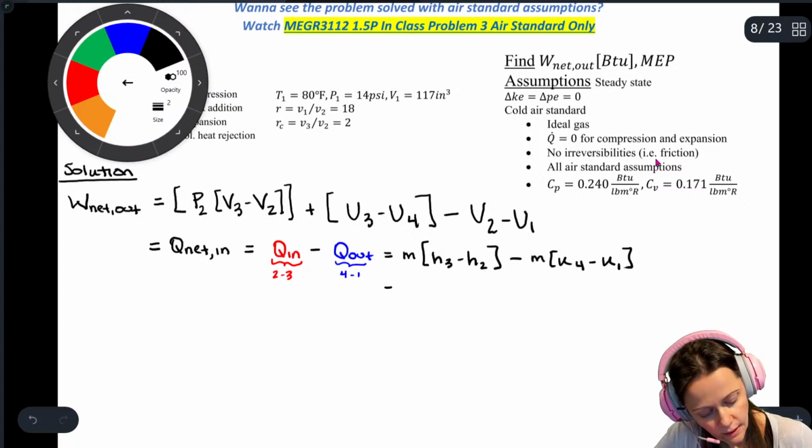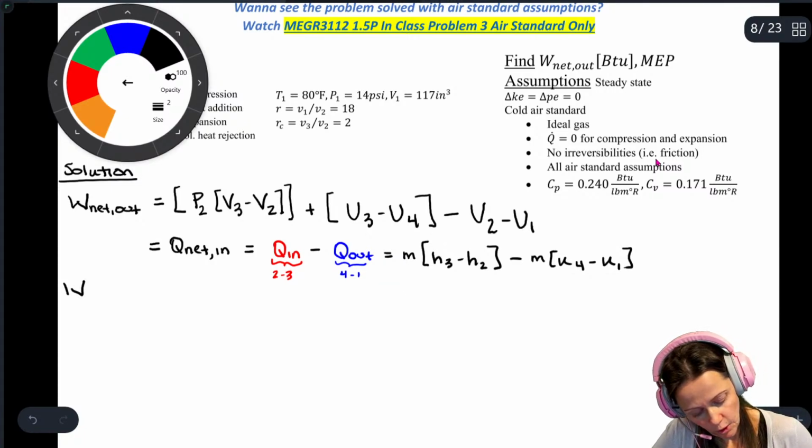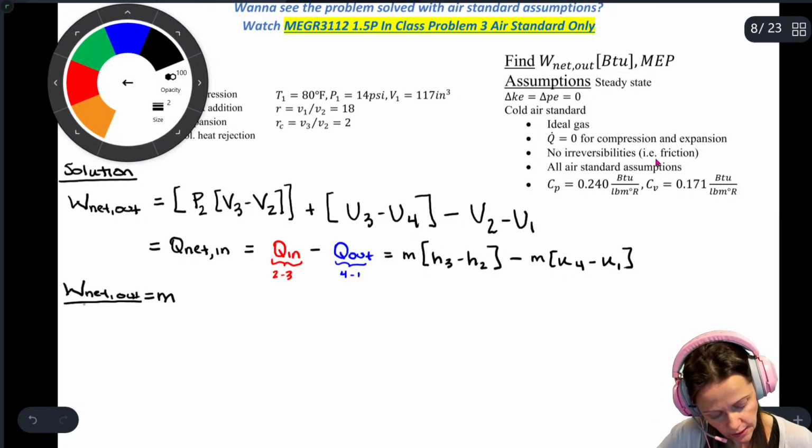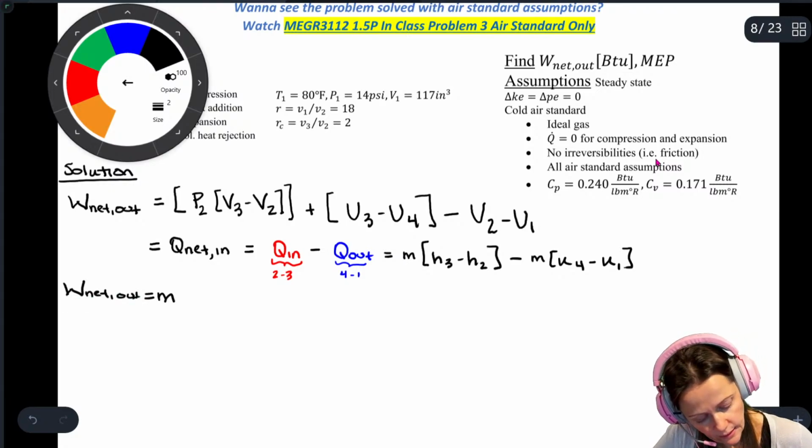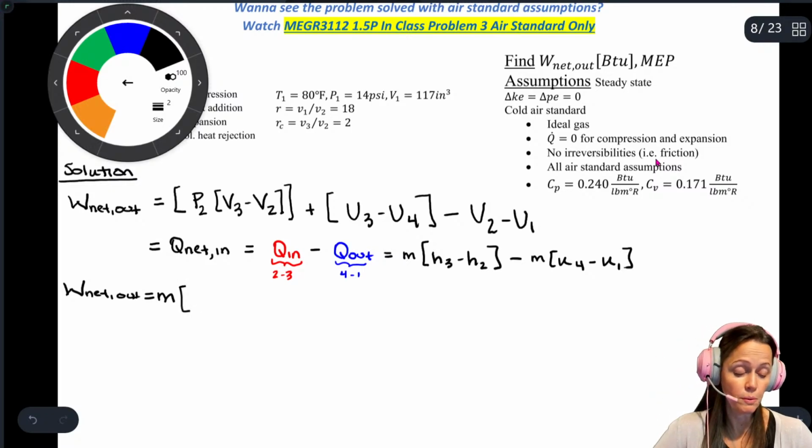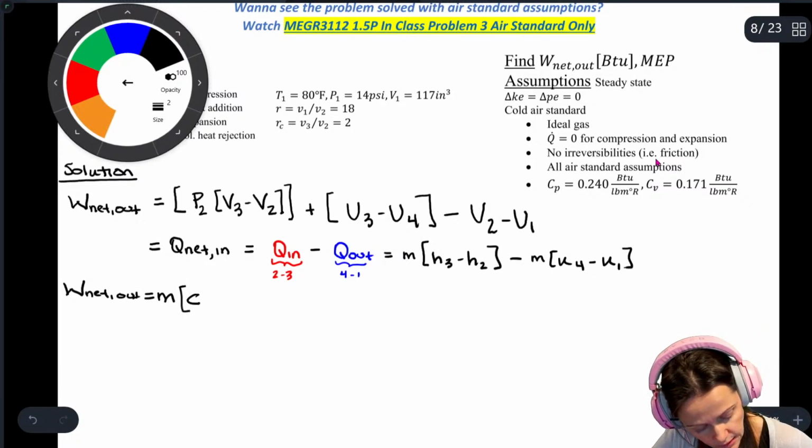And last thing I'll write, because we are assuming specific heats to be constant, those delta U's and delta H's can be put in terms of CV delta T's and CP delta T's.